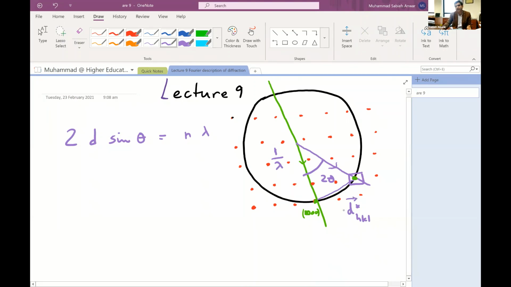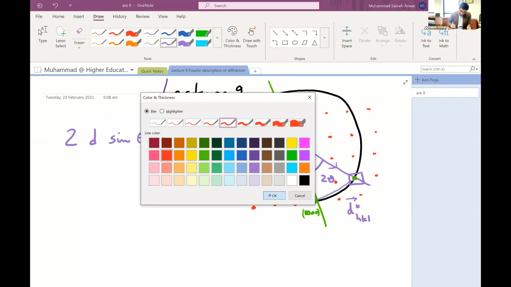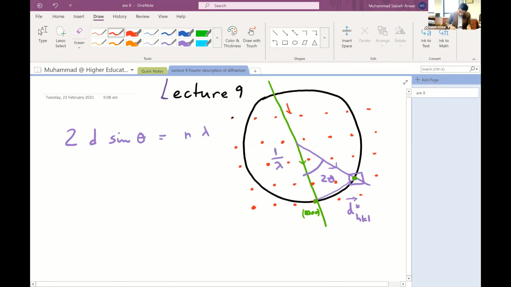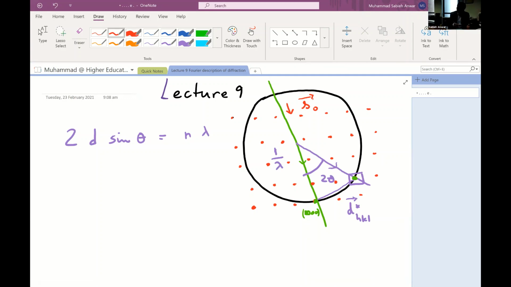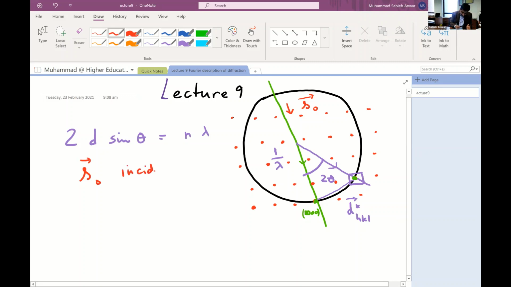There are three vectors at play in this diagram. One is the vector which corresponds to the incident X-rays, S naught. Consider S naught to be a unit vector which points in the direction of the incident X-ray. Then we have the scattered direction.